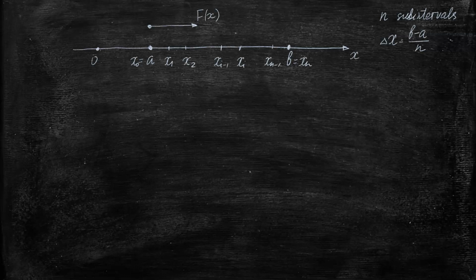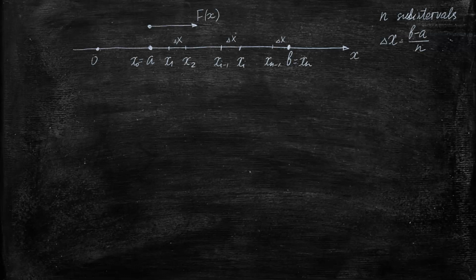And now delta x represents the width of each of these subintervals. So this is delta x, this is delta x, this is delta x.